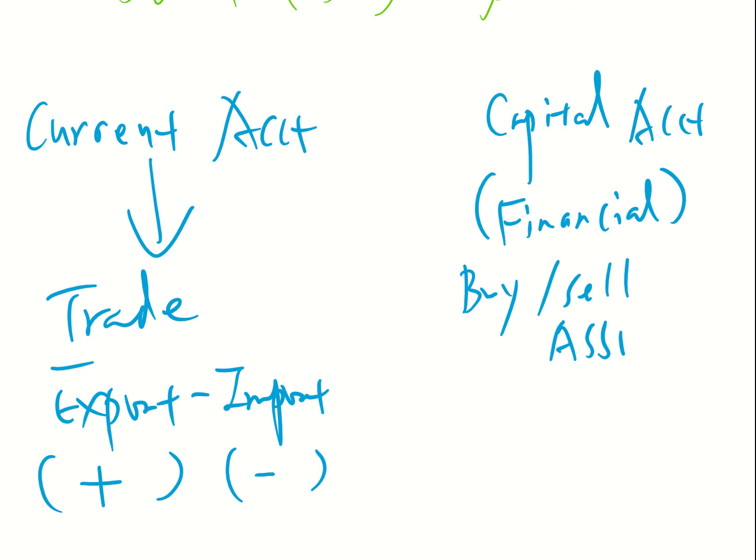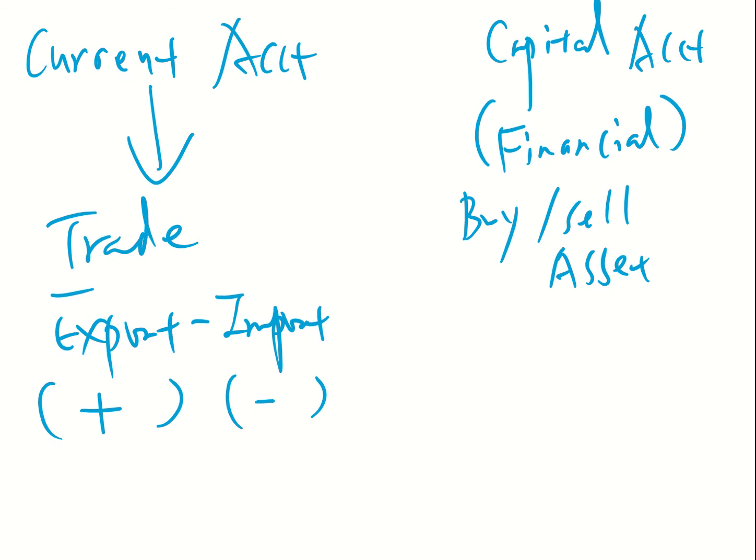Now, for the capital account, we're looking at the buying and selling of assets. This asset can be anything: your individual house, stocks and bonds, or companies. And for these assets, we're looking at different investors: foreign investors and U.S. investors.